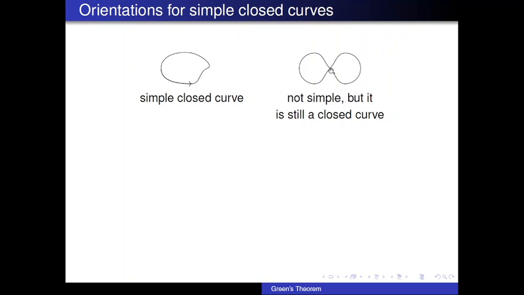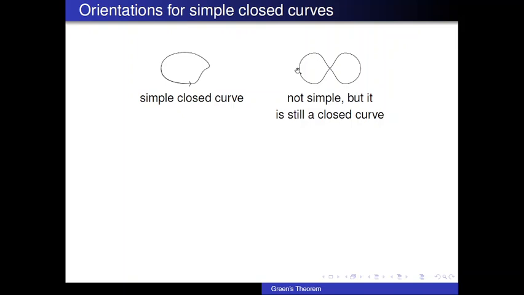This is an example of a curve that is a closed curve, because it looks like it could start and end at the same point, but it is not simple, since it crosses itself at this point there in the middle. Notice that a not simple closed curve of this form, you could envision as being broken into two simple closed curves that happen to butt up against one another.